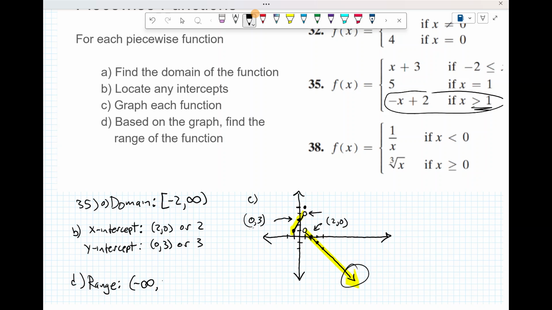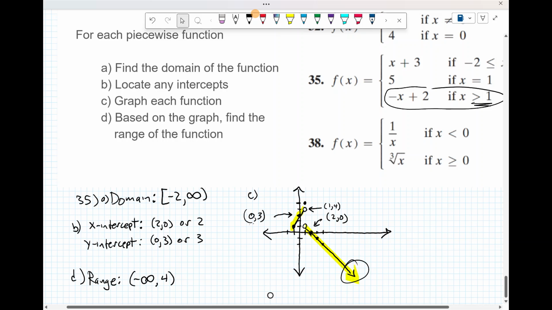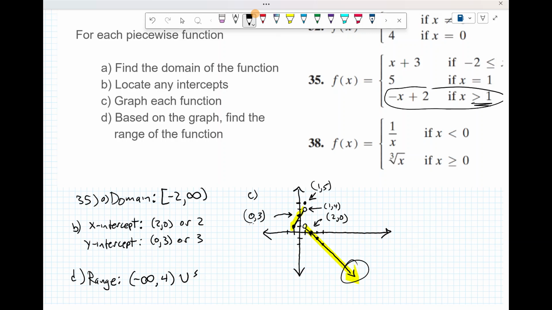But notice that 4 is an open circle, and that's at the point 1, 4. So we don't want to include 4 in our range. Now that's not every single y value. There's one more y value, which is this point right here, which again is 1, 5.